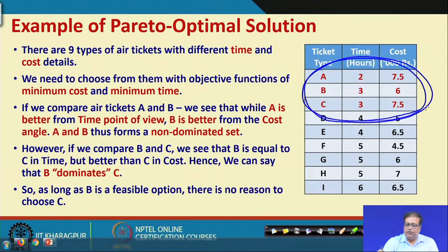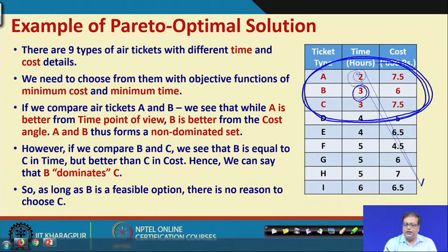So, supposing we consider A, B and C, these 3 solutions which are highlighted in red, and let us compare them. Compare A with B. Does A dominate B? Look carefully. With regard to time, A takes 2 hours, but B takes 3 hours.